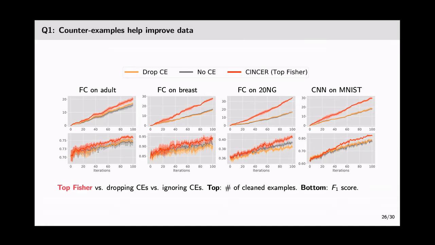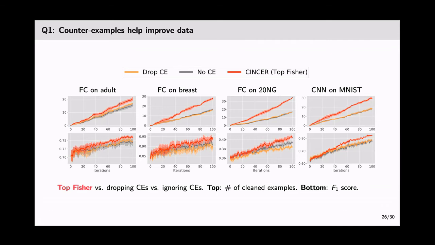You can see the bottom row, red line. Here we can see different data sets and different models. In the top row, you can see how many examples are cleaned by our method.